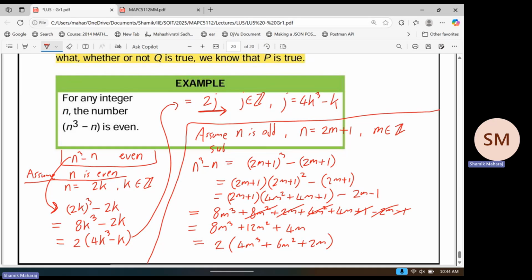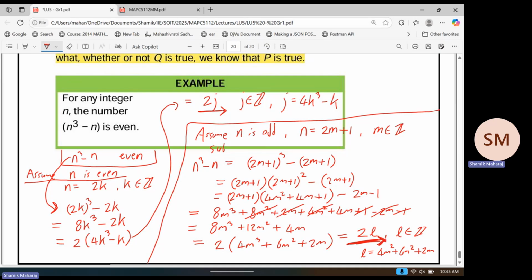So this at the bottom is essentially 2 times, what name can I use now? I'll just use L. 2 times L, where L is some integer, and L is given by whatever's in the brackets here: 4m cubed plus 6m squared plus 2m. It's this part here that I'm underlining. That is the main part of the proof.